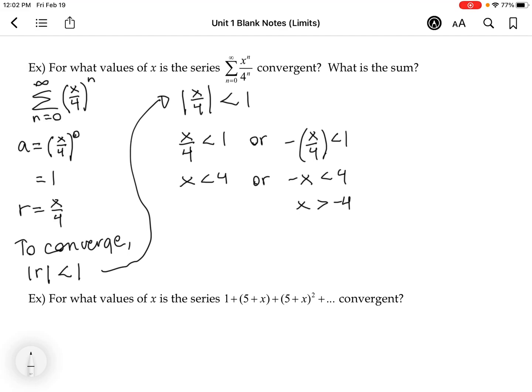Okay, now if you look at that on a number line, here's negative 4, here's 4, so x can be anywhere in here.